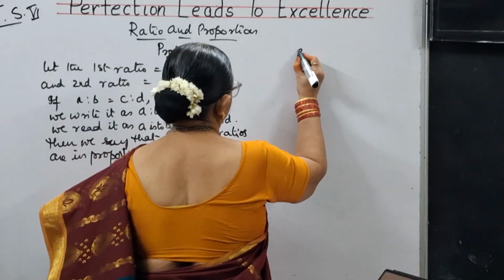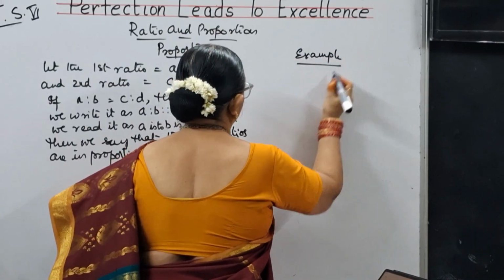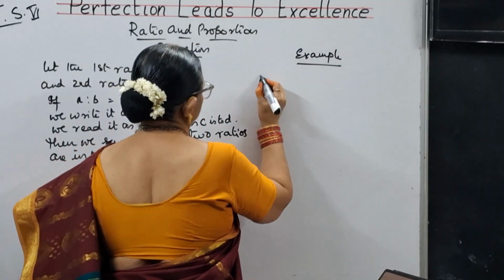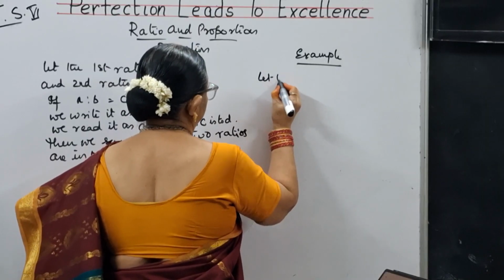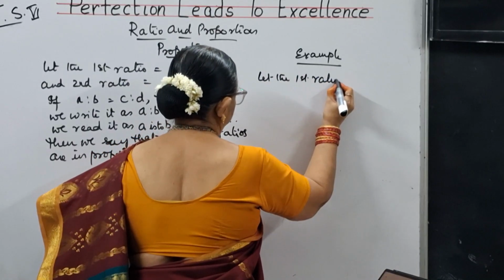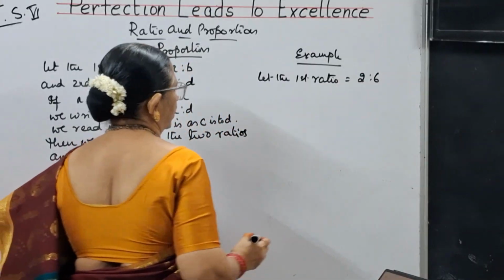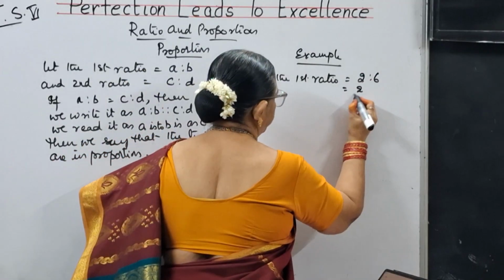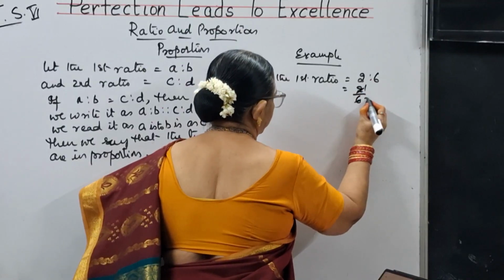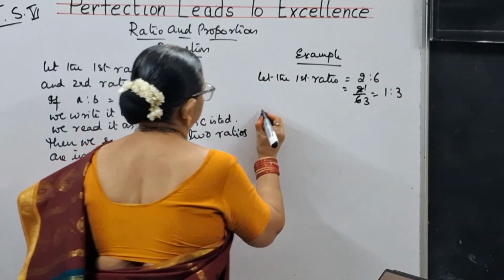So for this, let me give you an example. Let the first ratio be 2 is to 6. If it is 2 is to 6, we will be writing 2 by 6. That is 1 by 3. That means it is 1 is to 3.